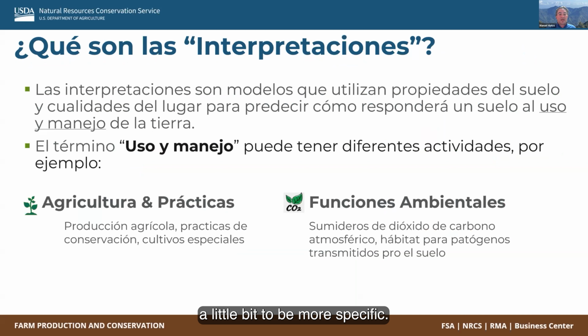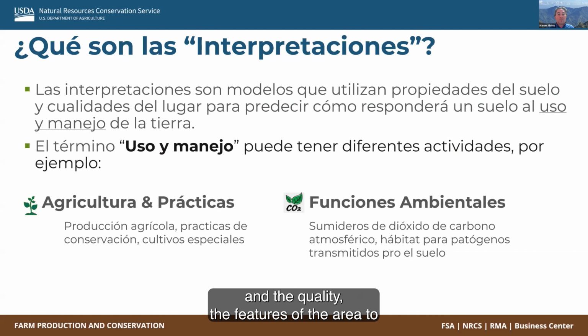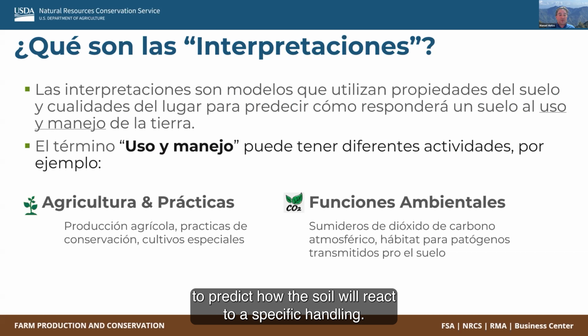A little bit to be more specific, what are these interpretations? As I said before, they are models where we use the properties, be they physical or chemical, of the soils and the features of the area to predict how the soil will react to a specific handling.